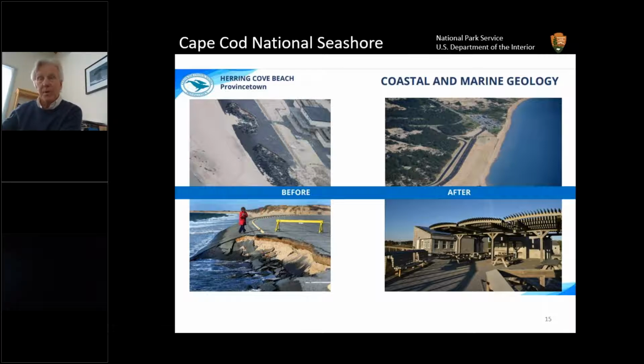At Herring Cove Beach, we retreated, we restored the natural protective aspects of the beach once it was fully backed with sand dunes, providing natural erosion protection. And the citizens and visitors to Cape Cod still have a wonderful place to visit. So you'll hear a little bit more about that from Lauren as we go through here.